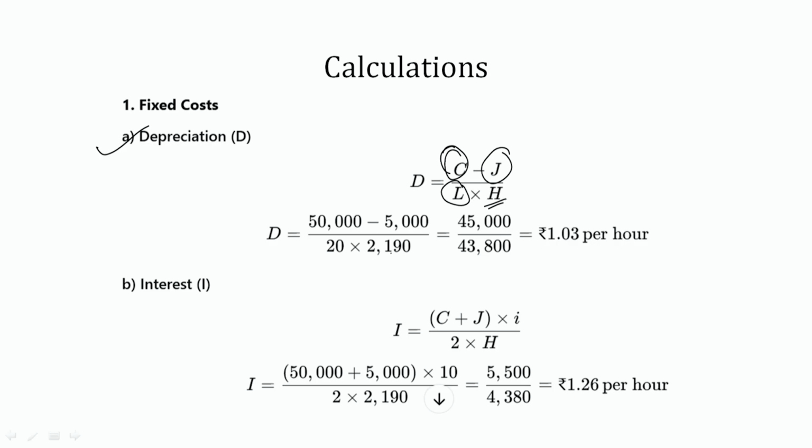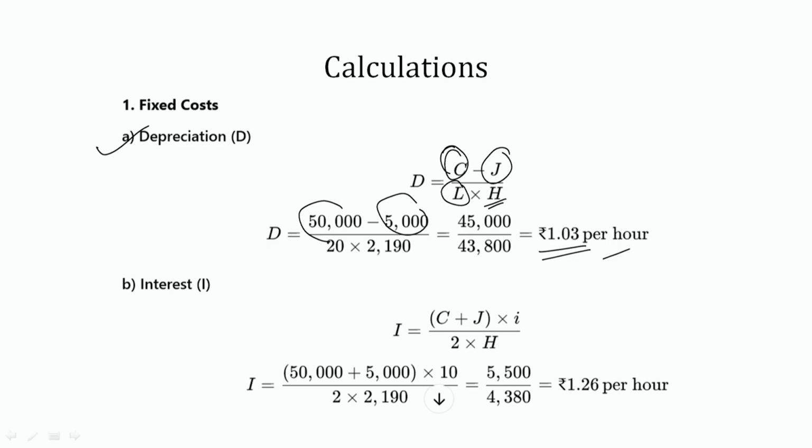With 2190 hours per year, 20 years of life, 50,000 rupees installation cost and 5,000 rupees junk value, we get 1.03 rupees per hour to be very precise. This will be the depreciation.